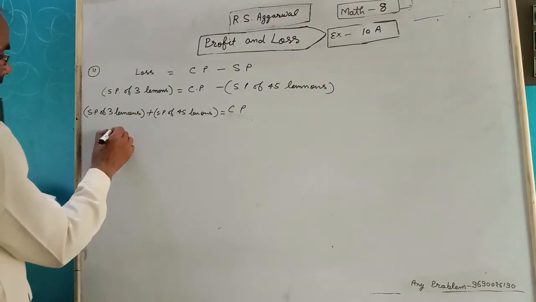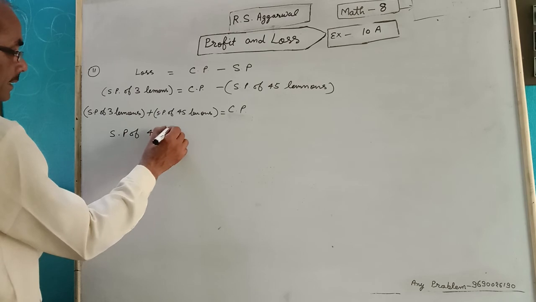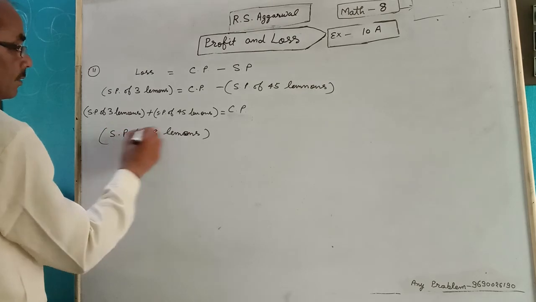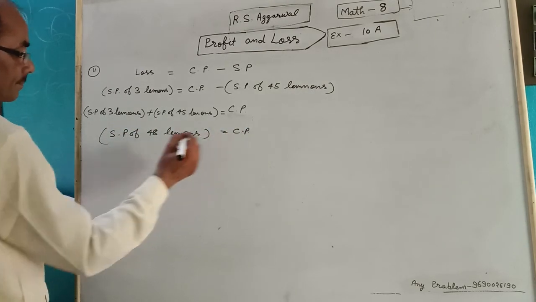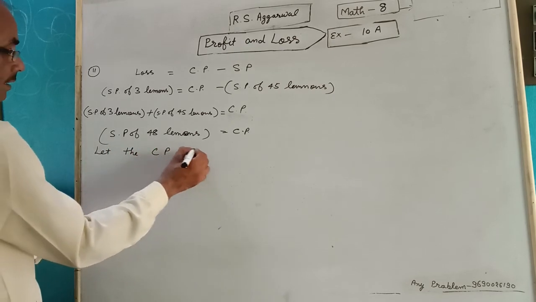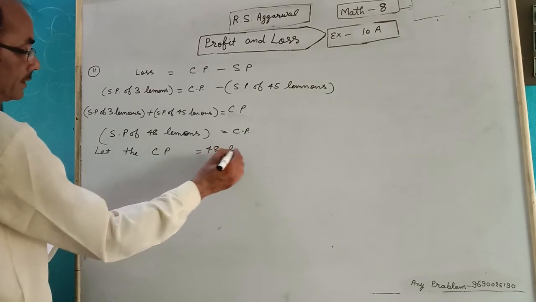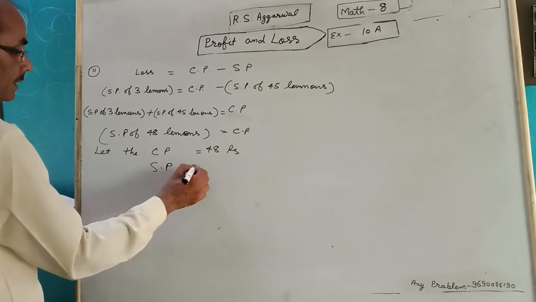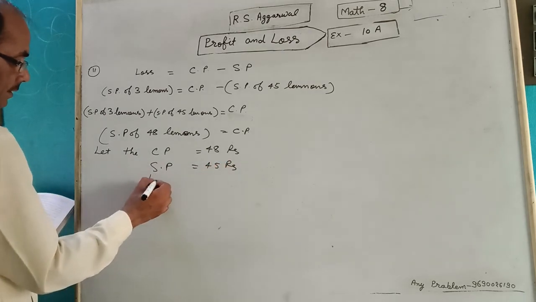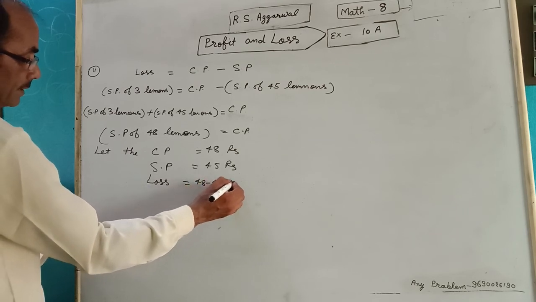So SP of 48 lemons is equal to CP. Let the CP be equal to 48 rupees, SP will be 45 rupees. Loss is equal to 48 minus 45, which is 3 rupees.